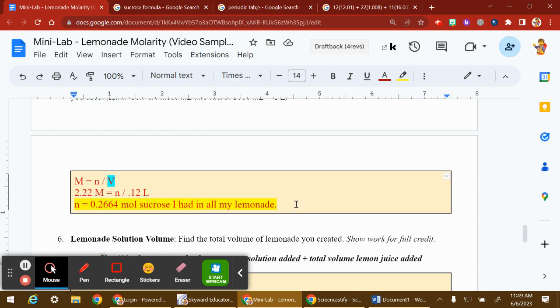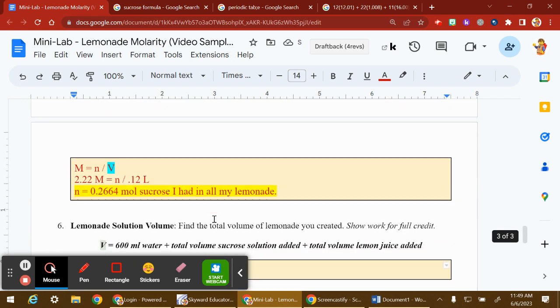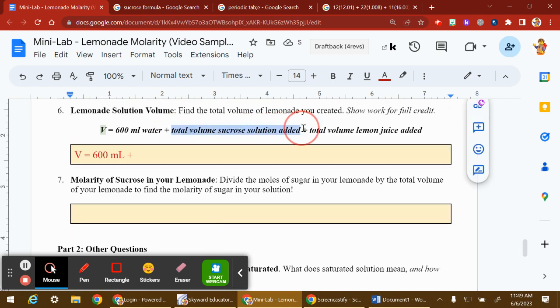So, how much lemonade did you have? Well, the volume of lemonade that I had was 600 milliliters of water plus, I have to add up the total volume of sugar solution and the total volume of lemon juice added.